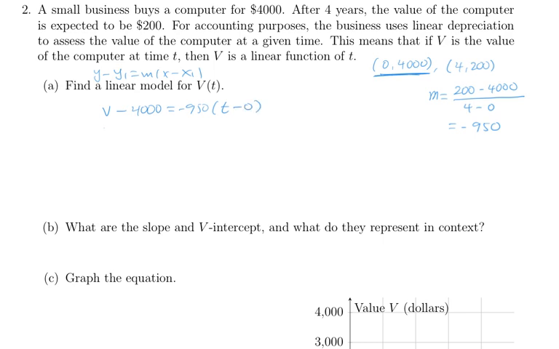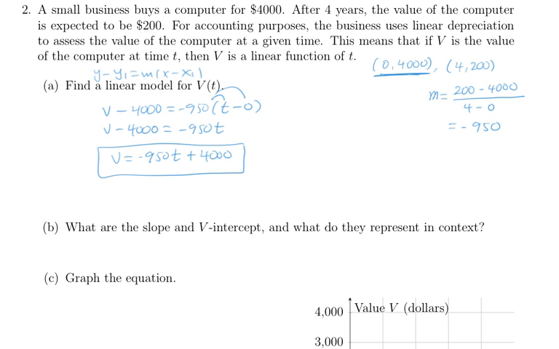So then this will be b minus 4,000 equals minus 950t, because if you distribute, you get 0 there. And then if you simplify, you get this in the slope-intercept form. So that's the equation. Okay, same thing we did before.